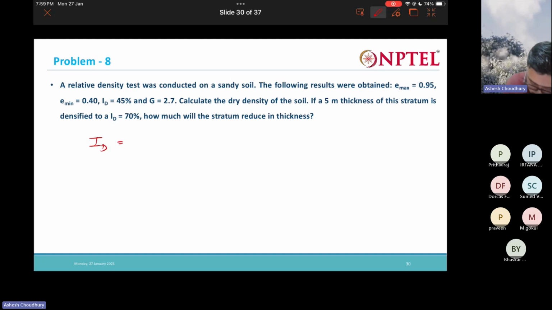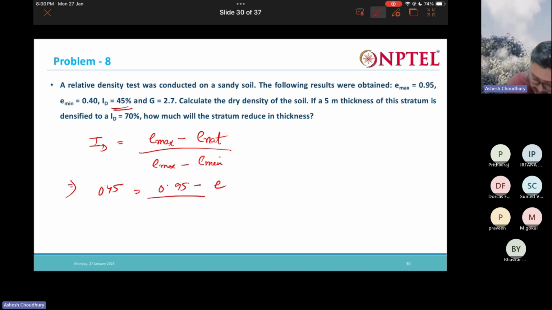So relative density is (Emax minus Enatural) by (Emax minus Emin). Now relative density is given as 45%, 0.45. Emax is 0.95, Enatural let us write as E, and Emin is given as 0.40 here.